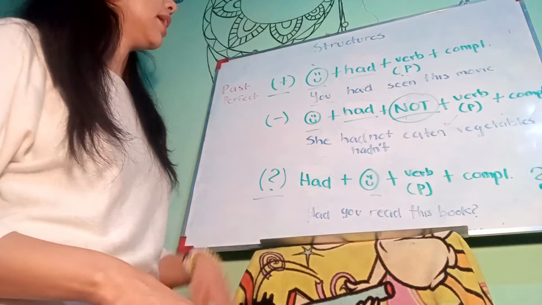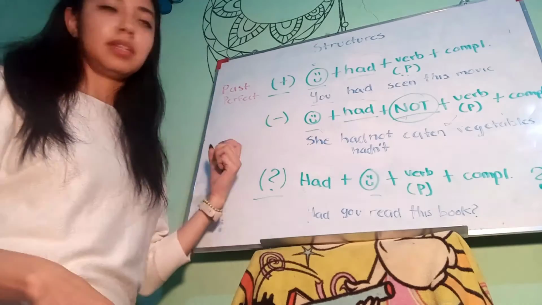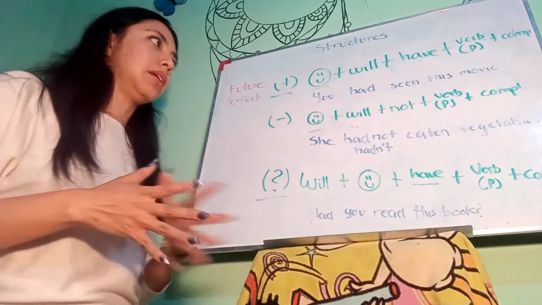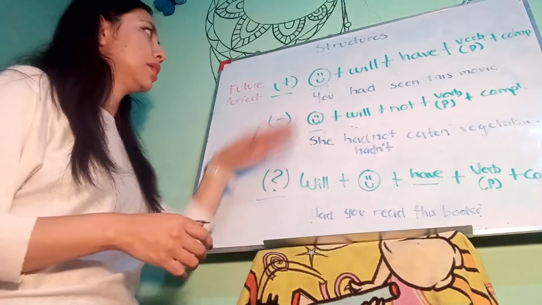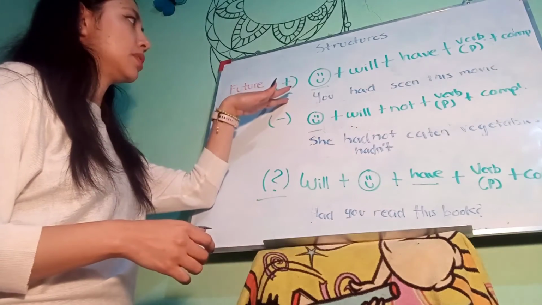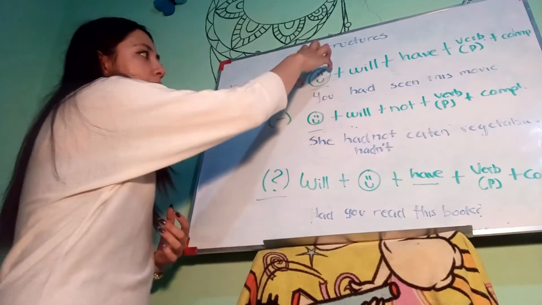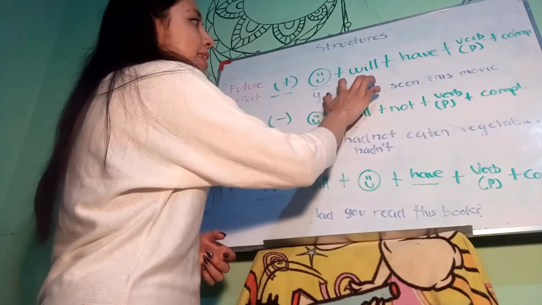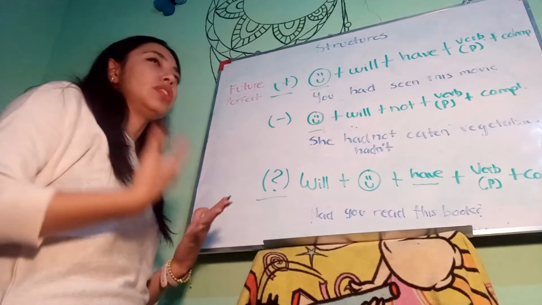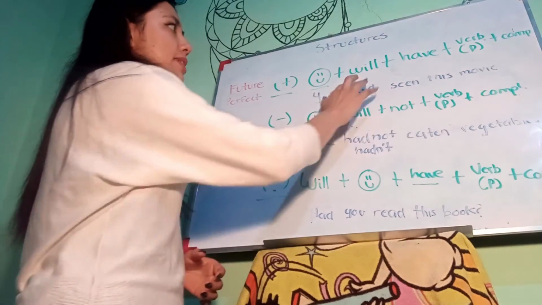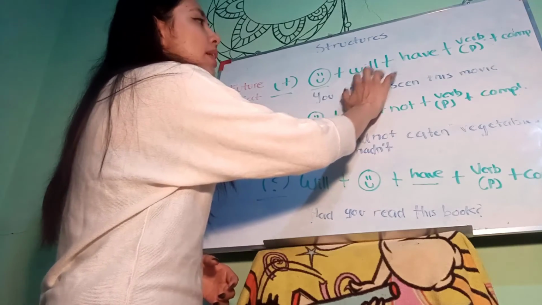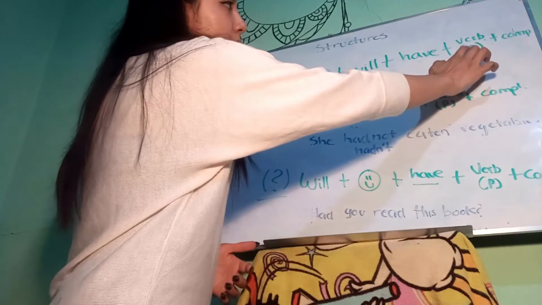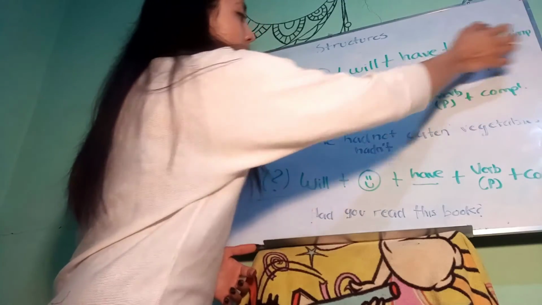Okay. And the last one, the future perfect. The last is the same. For example, in the positive form, I have my subject, and then what is the auxiliary of the future? In this case, will. Will have, my verb in past participle, and the complement.